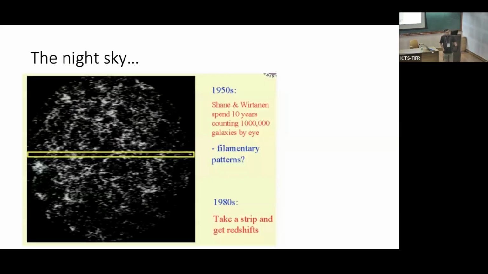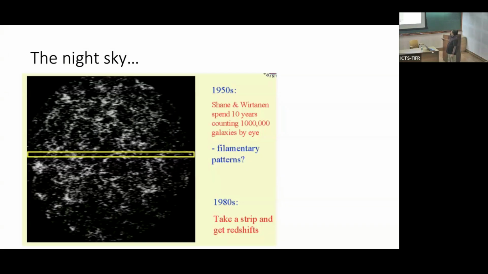When people first started taking photographs of the sky in the 1950s, Shane and Wirtanen spent 10 years of their life looking at photographic plates, counting galaxies and marking them on a piece of paper, looking by eye.